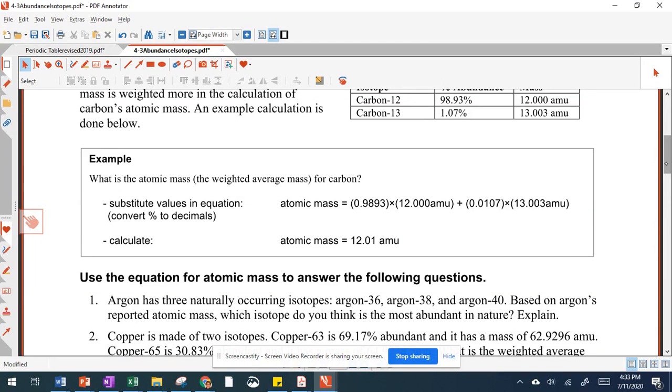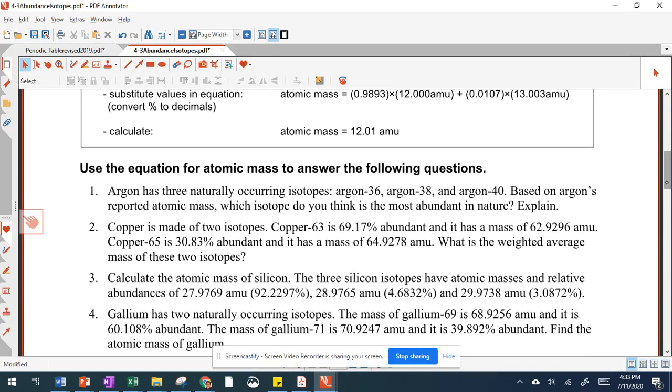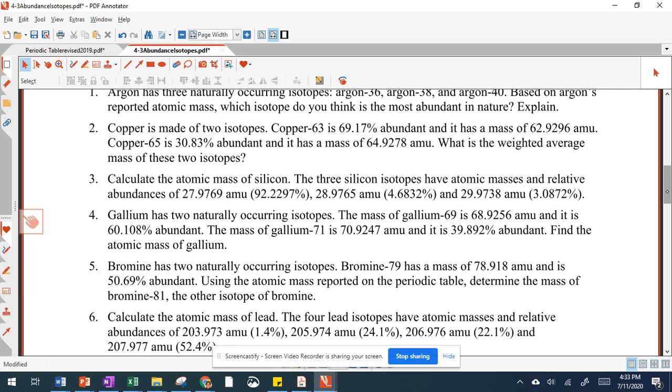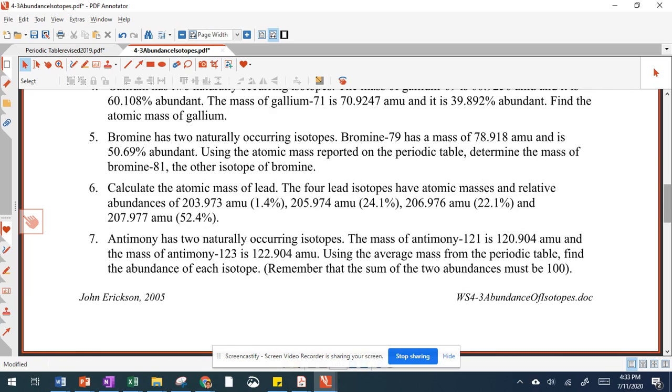Okay, so I want to go over one more problem that's on the sheet. If we look at number 7 on the sheet, this is probably the most difficult problem. So I want to go over this one together, and then hopefully after you see number 7, you will have no trouble working through the rest of the problems on this worksheet.